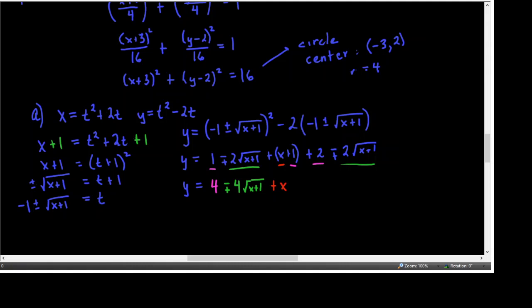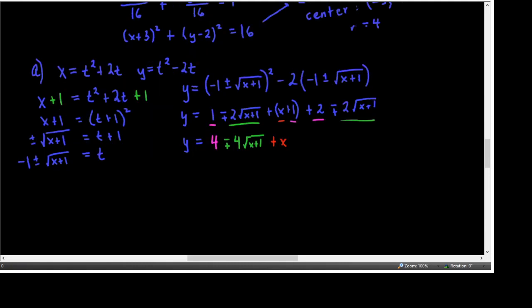Okay, well, I'm glad they didn't ask us to graph this, because graphing that wouldn't be any easier in this form than in the other form, but this is what you would get. So what I'd like for you to do is, in your calculator, you're going to graph two things for this. In y1, type 4 minus 4 times that radical plus x. Don't forget to get out of the radical.